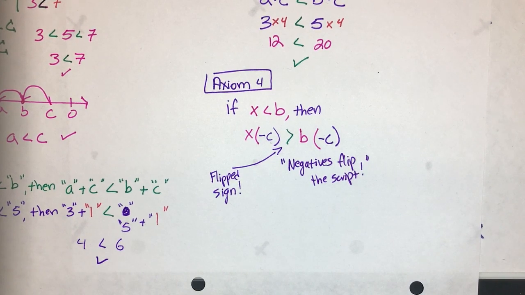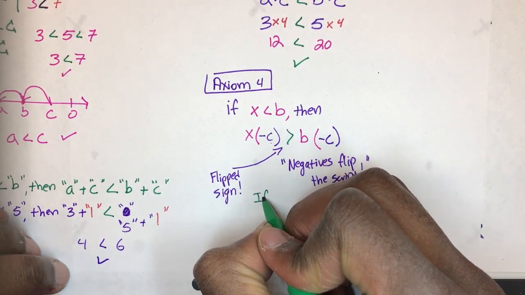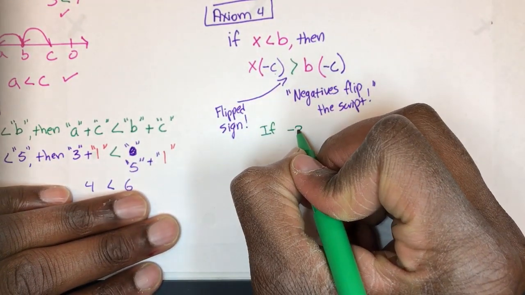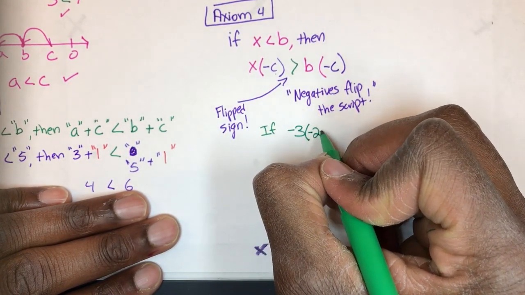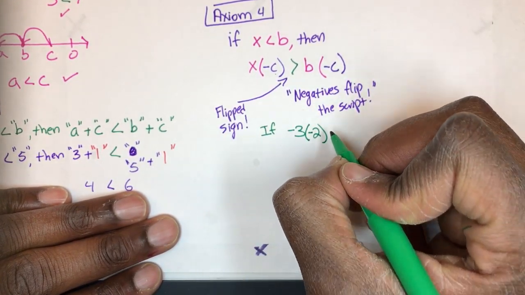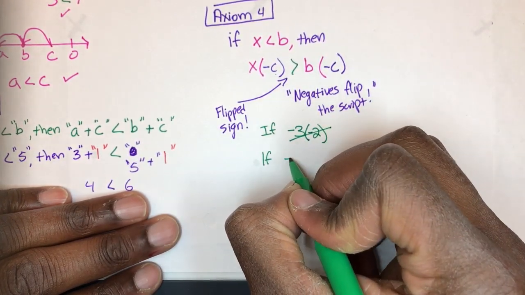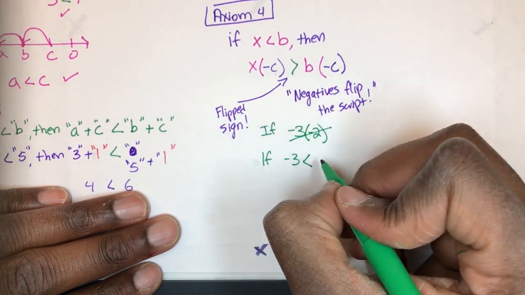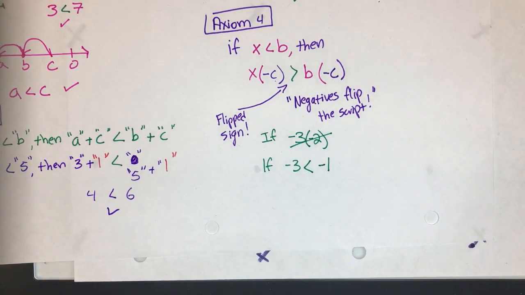Okay, let's show you how that works, right? Actually, we should start one step before. If -3 is less than some other number, let's go with, I don't know, -1, right? Because -3 is more negative than -1.